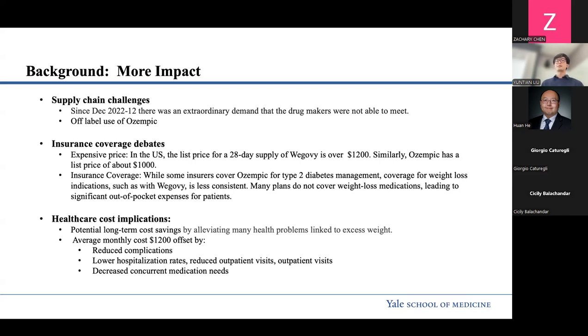Although it is expensive, it might lead to a potential long-term cost saving because semaglutide can alleviate any health disorders or problems related to obesity or type 2 diabetes.